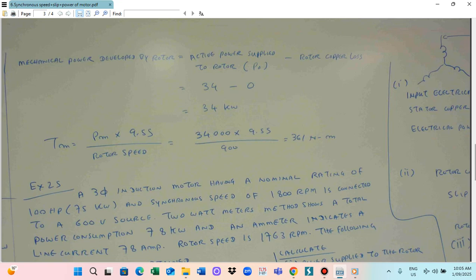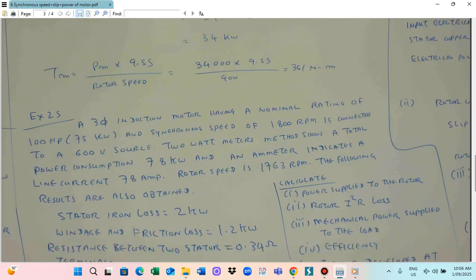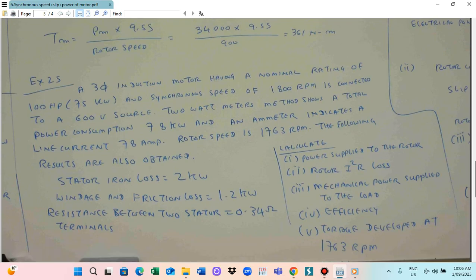So this problem is about a 3-phase induction motor. The nominal rating is 100 horsepower, which is 75 kilowatt, and the synchronous speed is 1,800 RPM. It is connected to a 3-phase supply. We use the 2 wattmeter method to measure the 3-phase power.